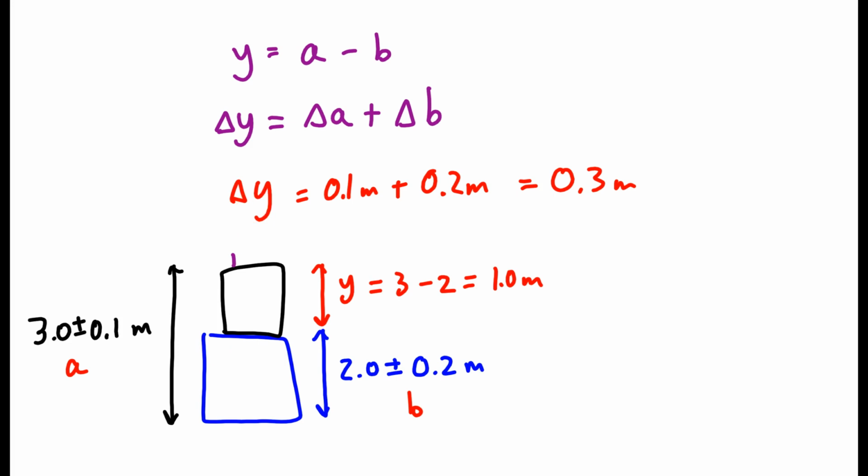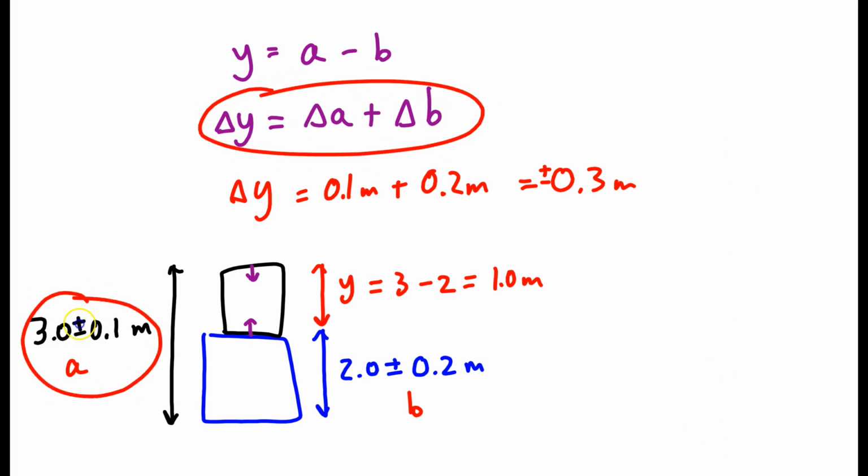Similarly, perhaps the blue alone is actually 2.2, perhaps the total is actually 2.9, and how much height have we shaved off of y? We've taken away 0.3. So yes, the uncertainty in y is plus 0.3 or potentially minus 0.3. And so the rule of adding the absolute uncertainties is the same rule as before.